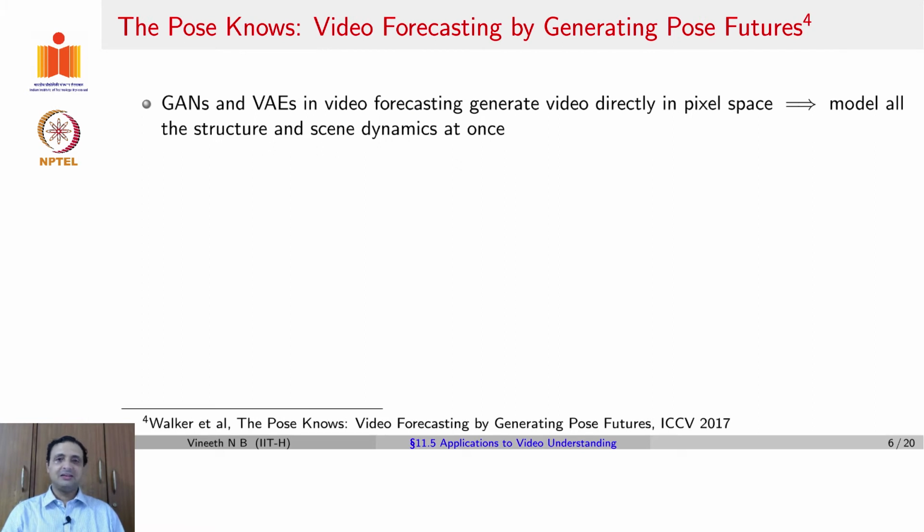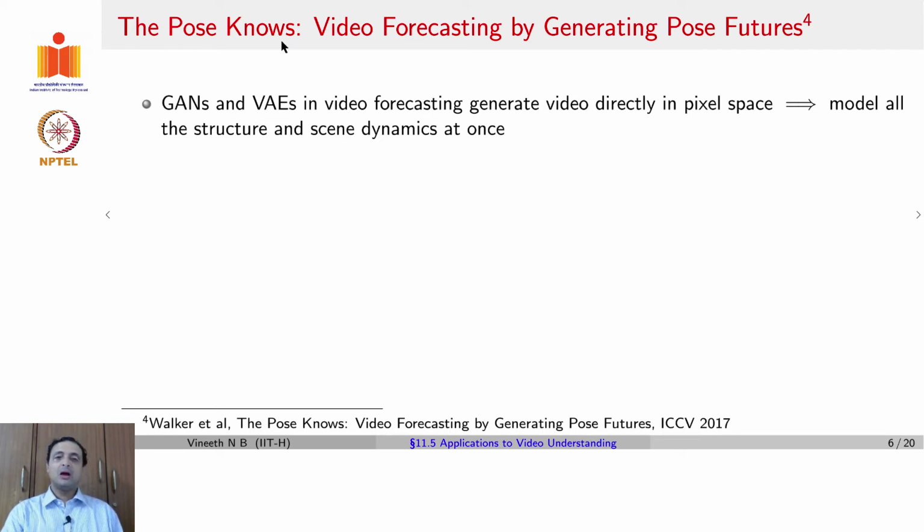Another interesting method for generating videos, in fact a different task by itself, is video forecasting. We'll talk about one such method which was published in ICCV 2017 called the POS-NOS.